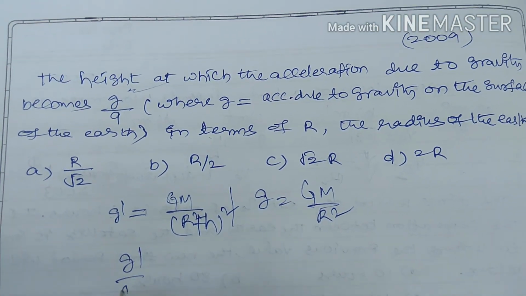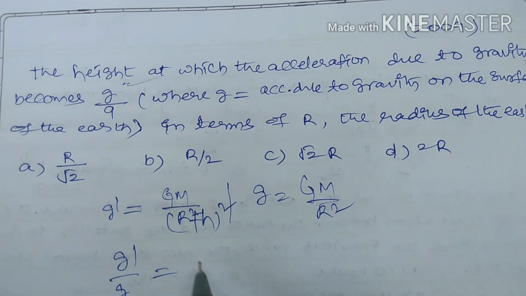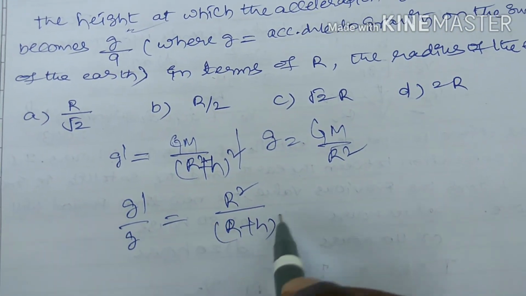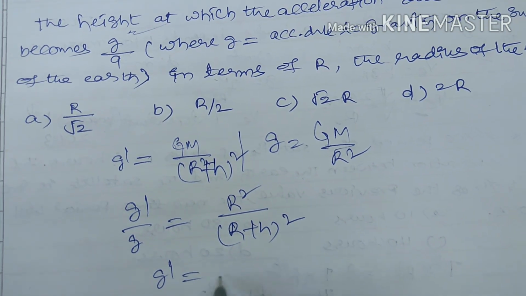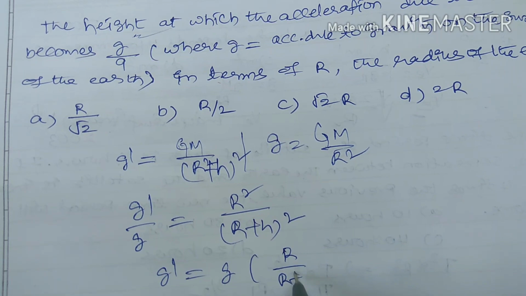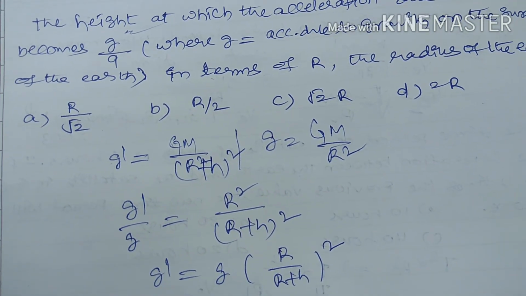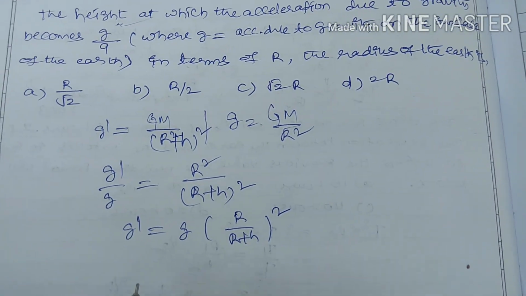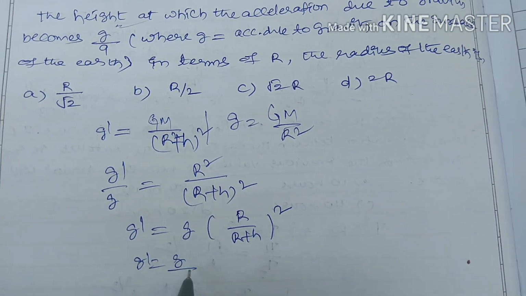So just g dash by g we can write as R square by (R plus h) whole square. So g dash is equal to g into (R by (R plus h)) whole square, where g dash is equal to g by 9.